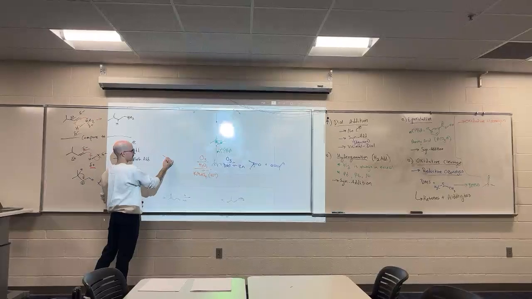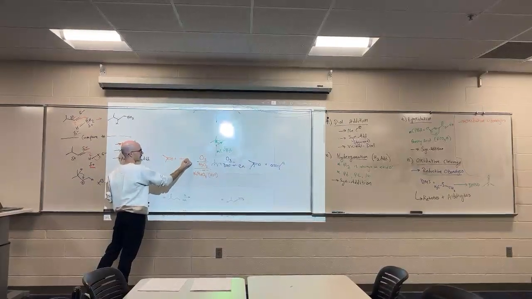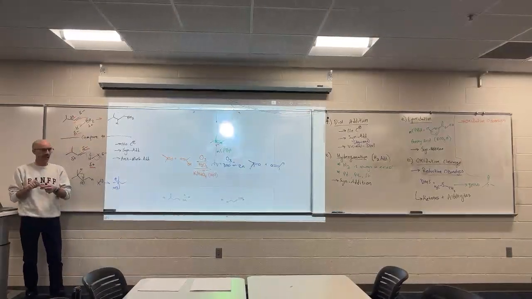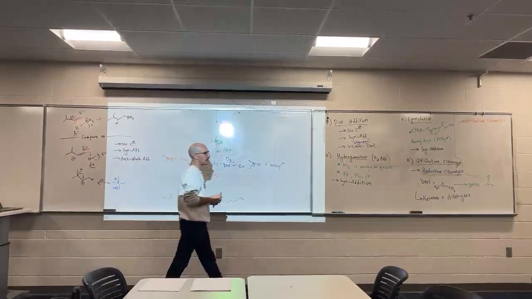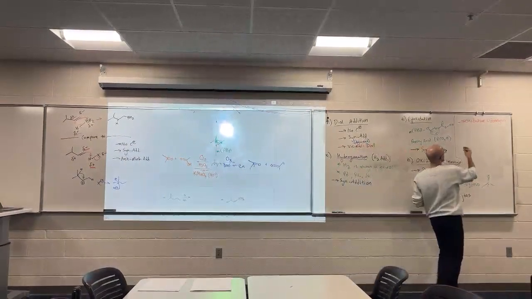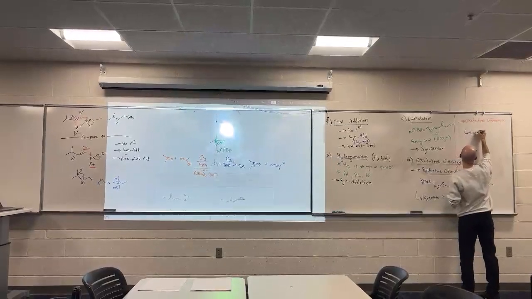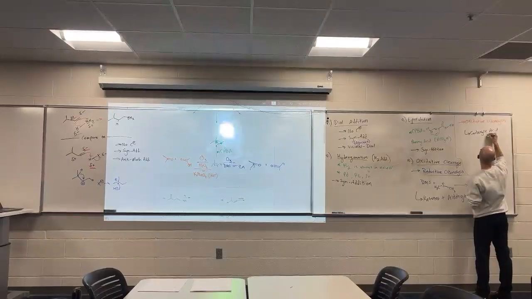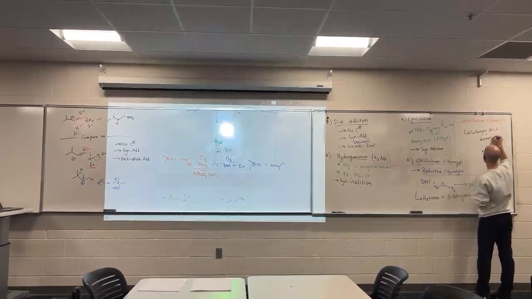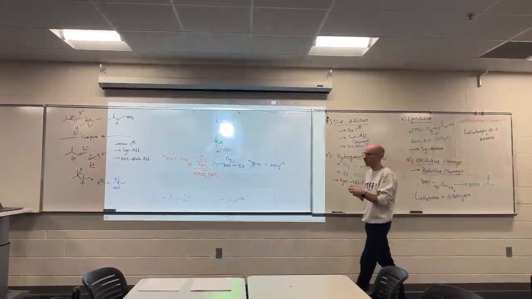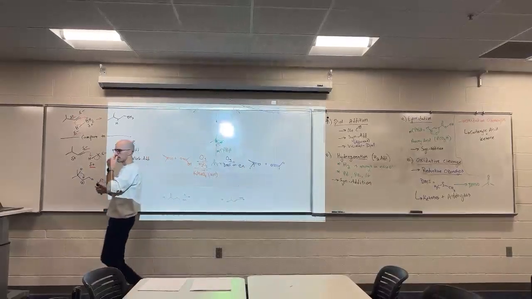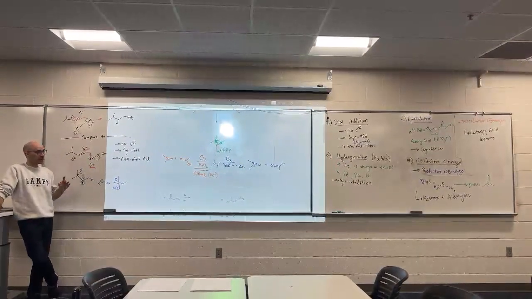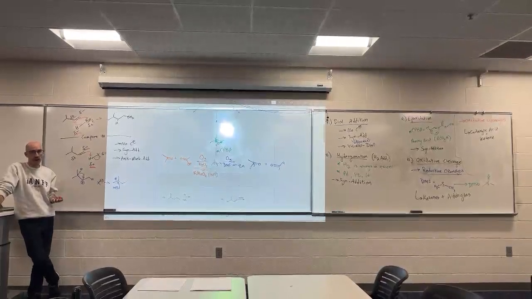Here are the products: ketone and carboxylic acid. So in terms of regiochemistry, there are two functional groups possible.